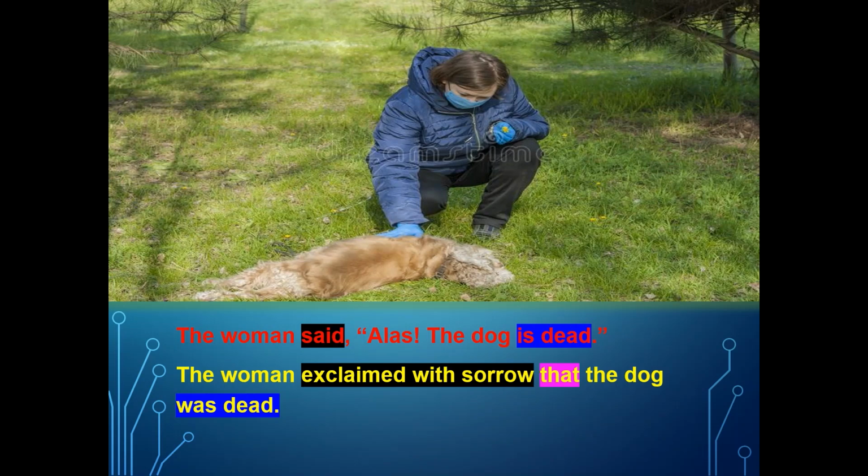So here the reporting verb said changes into exclaimed with sorrow because the dog is dead, so it's a matter of sadness and sorrow. That's why the woman expresses her sadness. The verb is changed into was because the reporting verb said is in past tense.